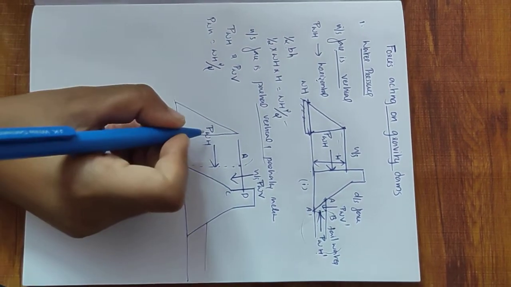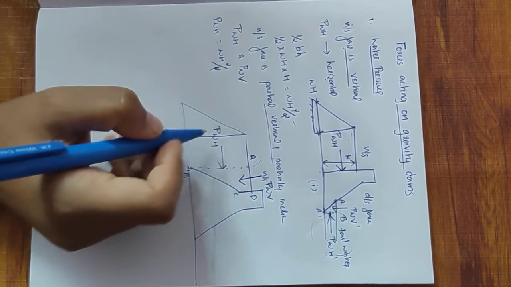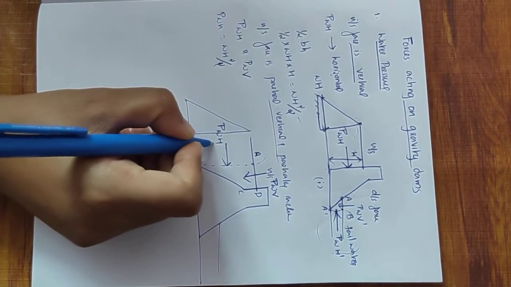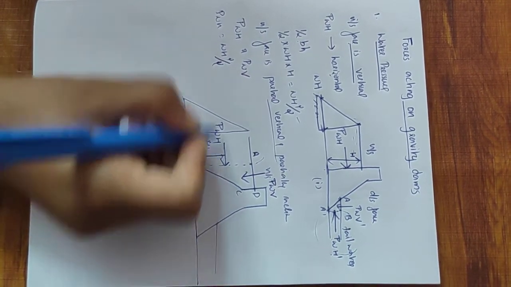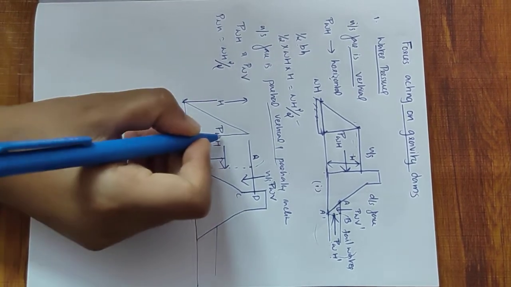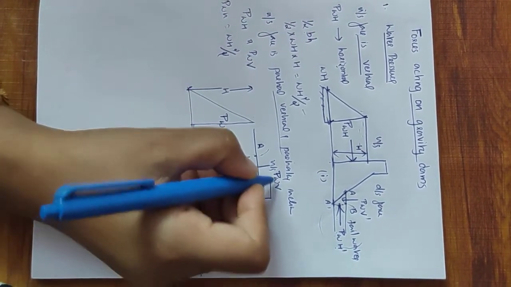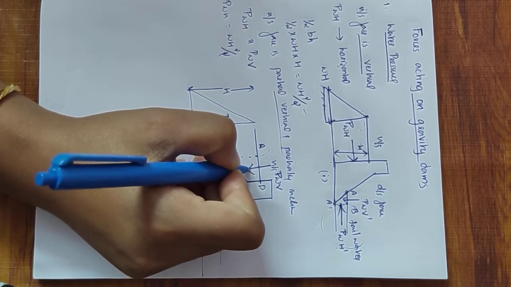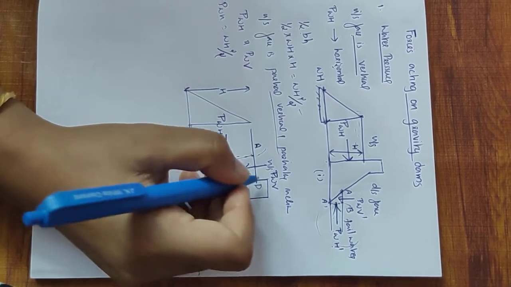In this, PWH will be acting at the centroid of this triangle. Centroid of a triangle is situated at a distance of h by 3 from the base. That is, if total height is h, PWH will be acting at a distance of h by 3 from the base, and this PWV will be acting at the centroid of this shape ABCD.